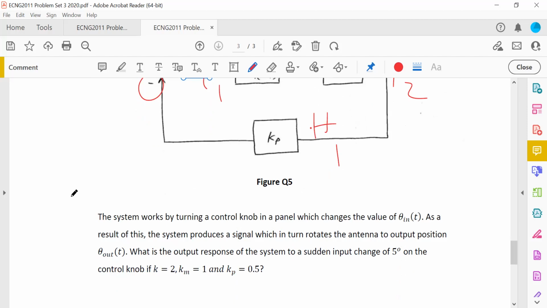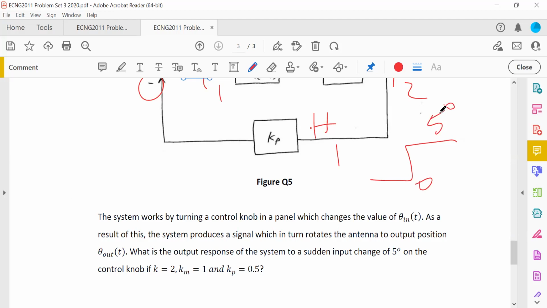And then once you have that, you have an expression in terms of input and output. Theta out over theta in is equal to that. And then you could substitute. If I tell you a sudden input change of 5 degrees, that is a step input, but instead of voltage, it's a positional input. So it's going from 0 to 5 degrees.